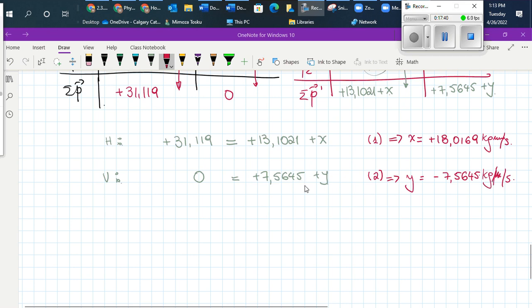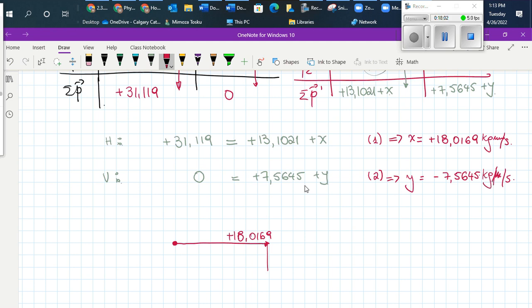Now that we have the horizontal component and the vertical component of momentum of object 2 after the collision, we can plot them, same as we have done to compose a vector. So the horizontal component is positive, which means it is going along the east axis. So this will be positive 18.0169.